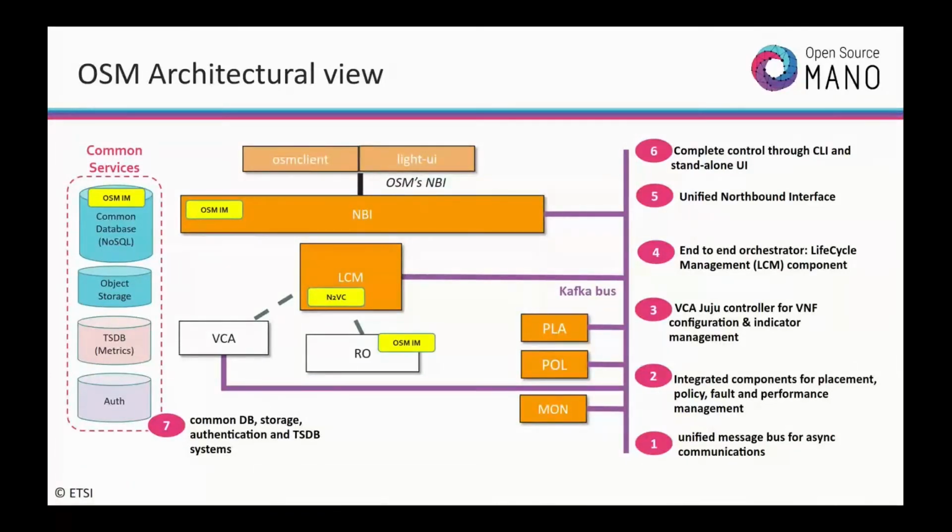So the LCM says, well, I need a new VM and I need networks created between them, and I need this plumbing, and it will let the RO, or resource orchestrator, know about this. The RO is the one that has the plugins for all of our different virtual infrastructure managers.